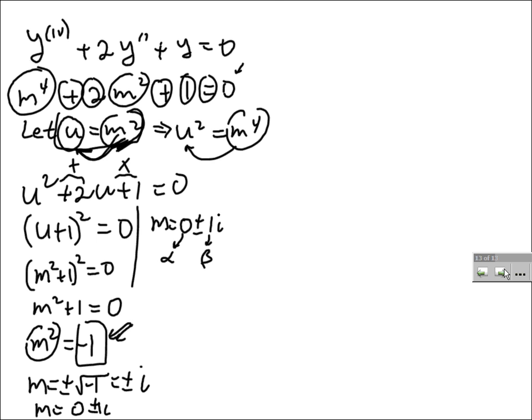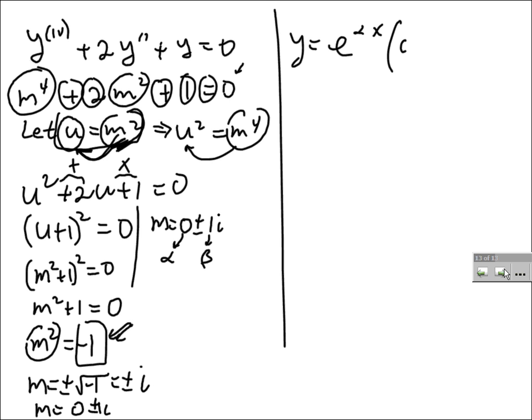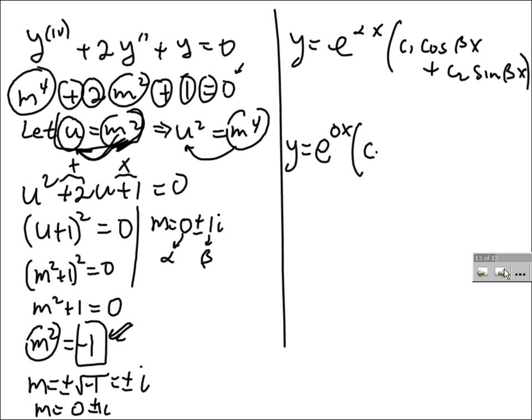Okay, so we know that y is equal to e to the ax times c1 cosine bx plus c2 sine of bx. So y is equal to e to the 0x times c1 times cosine of 1x plus c2 times the sine of 1x.